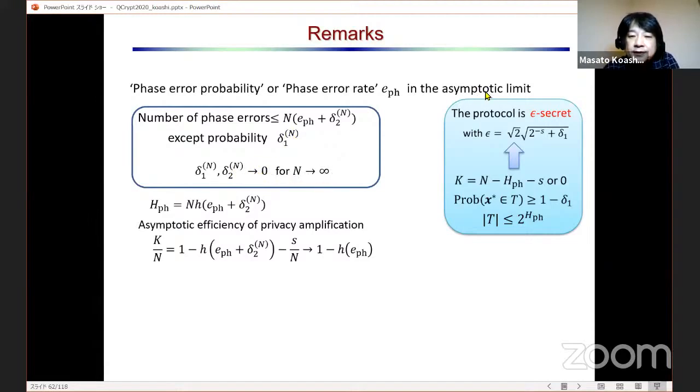So in the asymptotic limit, you don't need to know the explicit functional form of these two terms, only that they converge to 0. That's enough, because in that case the asymptotic key rate, or the efficiency of privacy amplification, is given by just this number here. So finding this phase error rate is enough to achieve the asymptotic key rate.